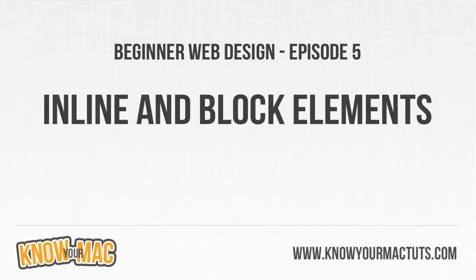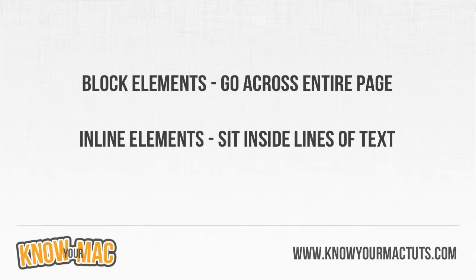Welcome to episode 5 of Beginner Web Design. We pretty much know how to set up the basic layout of our page, and we went over some basic formatting elements. Now we're going to go a little more in depth about the types of elements. There are two types: block level elements and inline level elements.